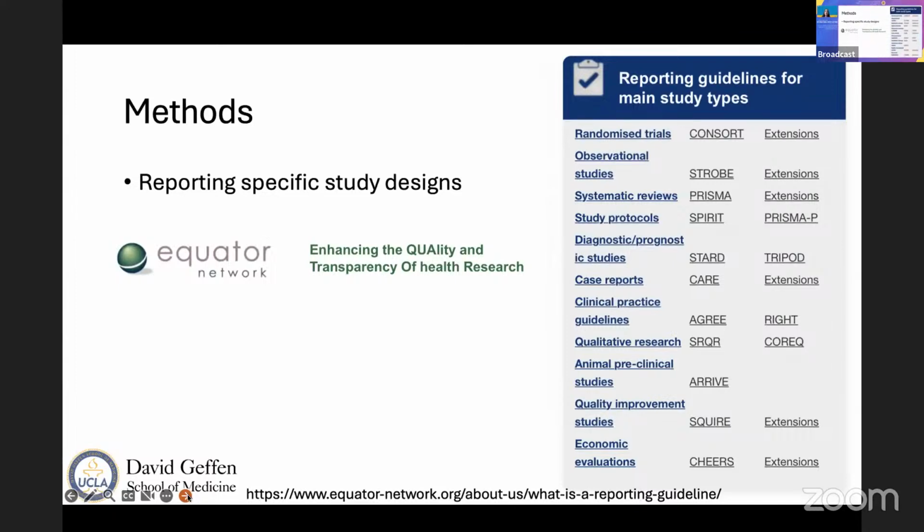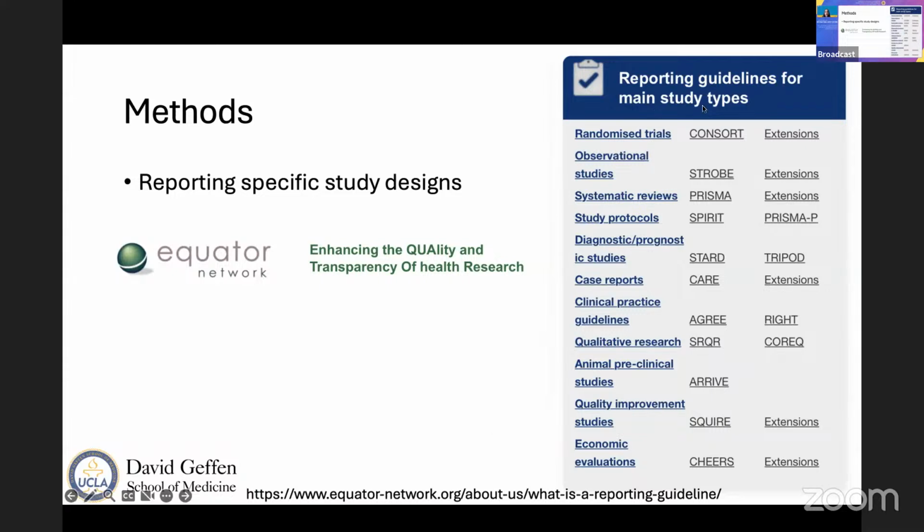Reporting specific study designs: there is specific method reporting terminology that you have to use depending on the different types of study design that you have. If you go to this website, I'm going to put it in the chat so everybody can access it, or I'll email it to Dr. Adi so he can forward it to you all.